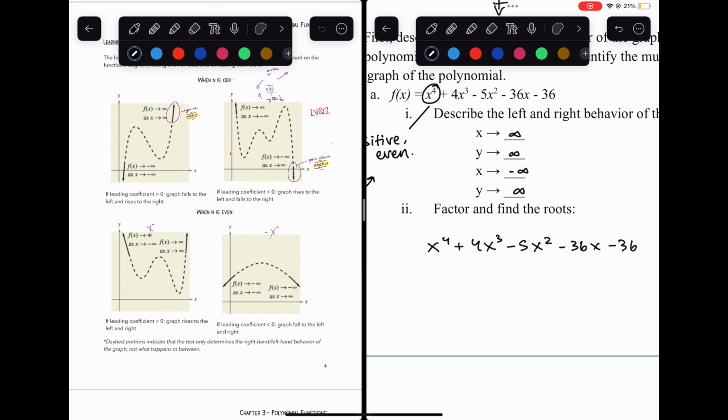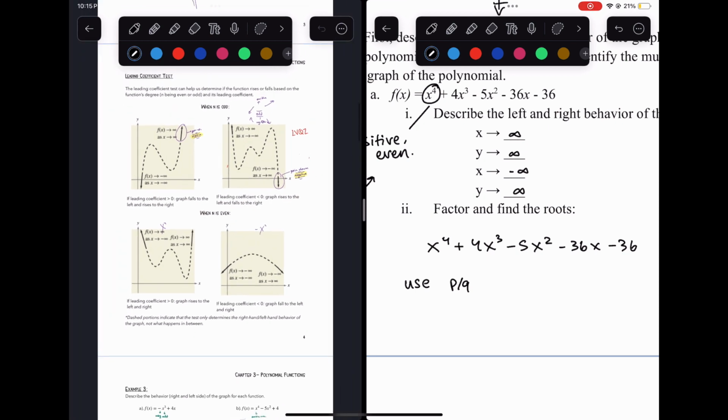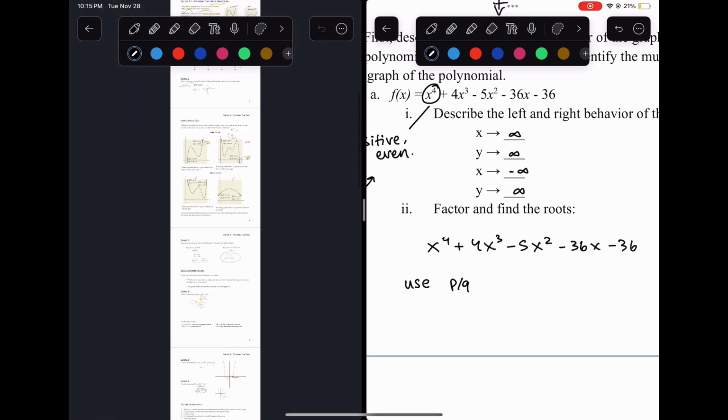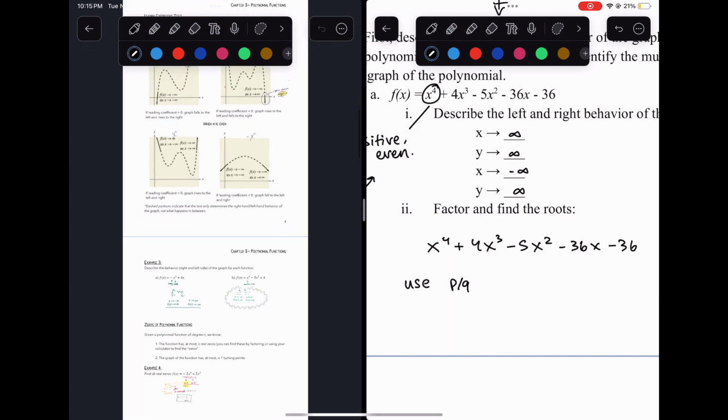Then plug them into your synthetic division to test whether they are factors or not. So we're going to use the PQ method. This has a name, actually.